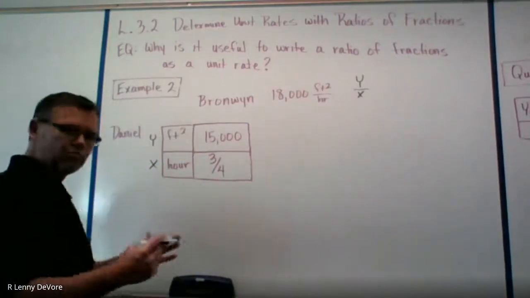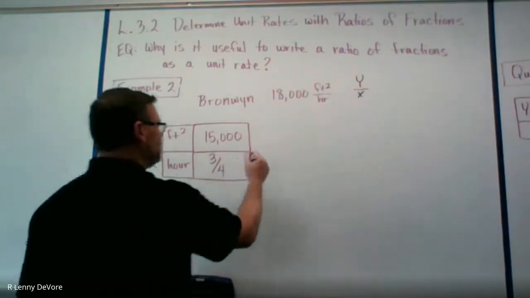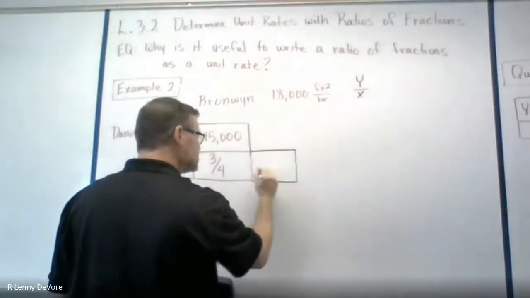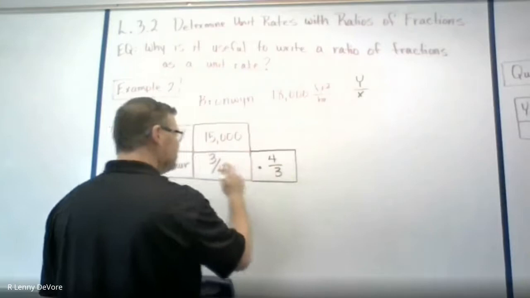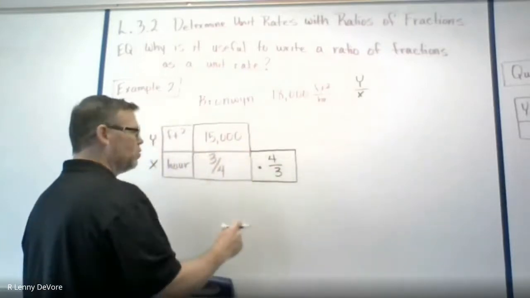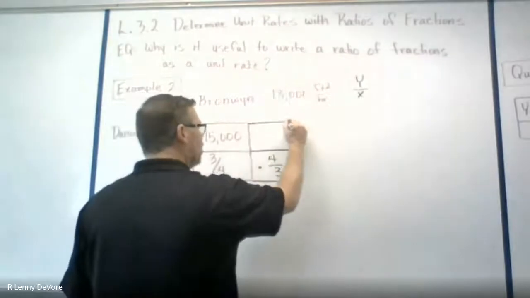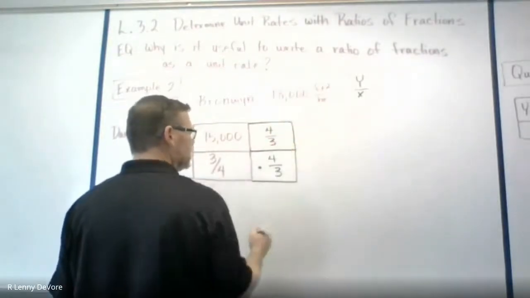In order to find out per hour, I need to get this to be 1. So what I do is I multiply this by the reciprocal, right? The reciprocal of a fraction will always equal 1. But in order to keep this ratio compliant, I have to also multiply this by 4/3, okay?